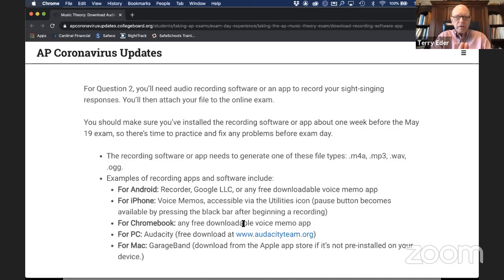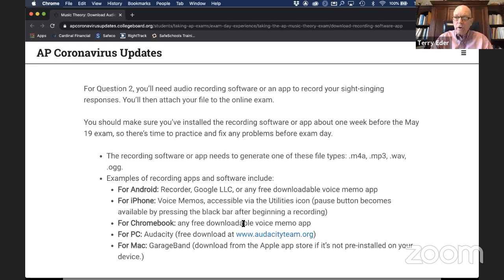And there are suggestions down here, which we'll talk about in just a minute. And then, if you're doing this on an iPhone or an Android, you've got to figure out how to make that file be in a place that you can submit it to the test.